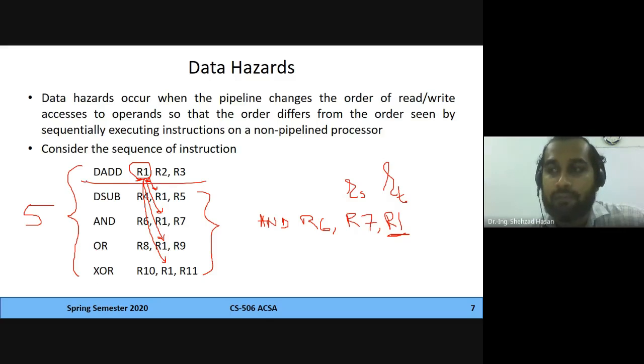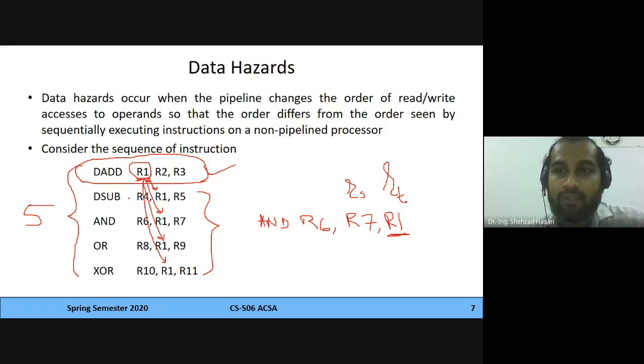So the effect of this instruction is going to last till the four instructions which are in the pipeline. Had our pipeline been of 8 cycles, we would have considered an 8 instruction sequence to see the effect of an instruction producing a result and later instructions using that result.